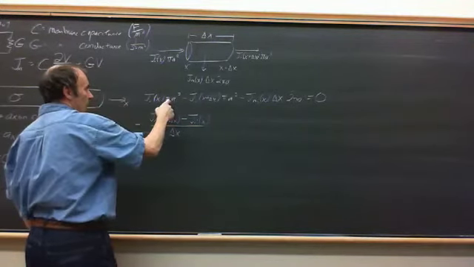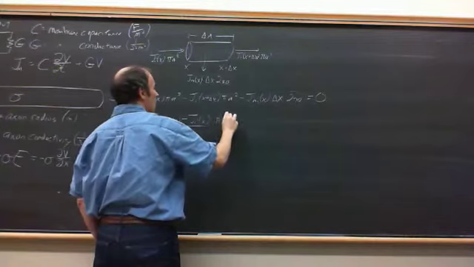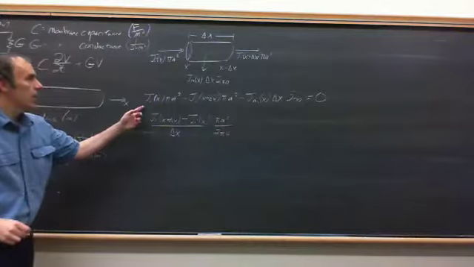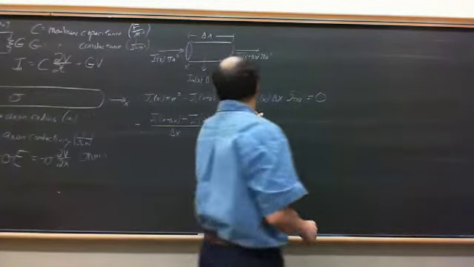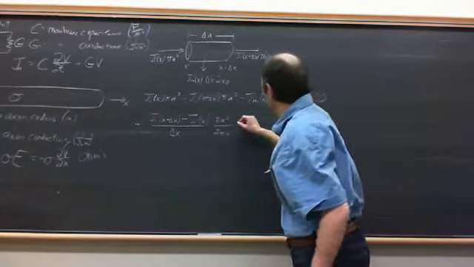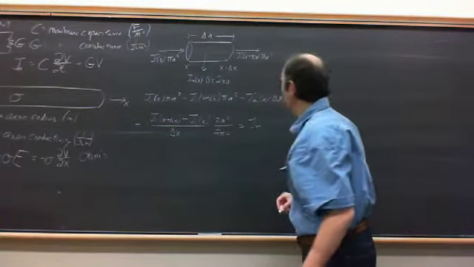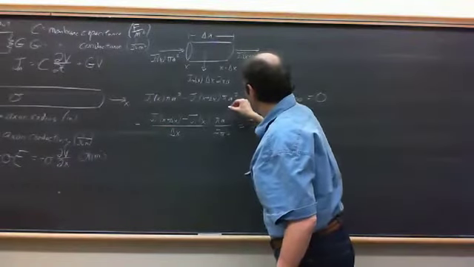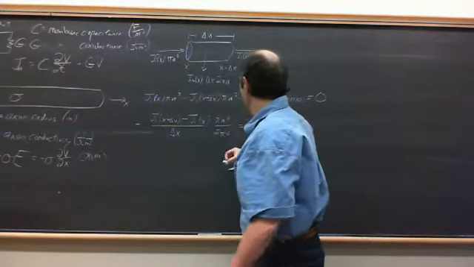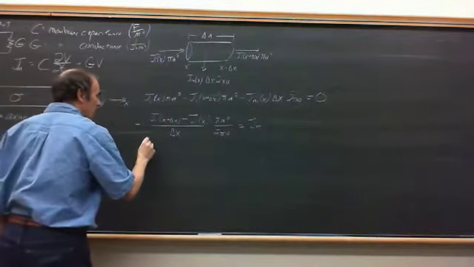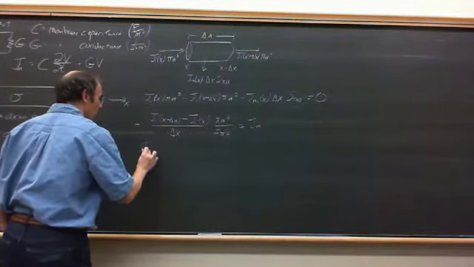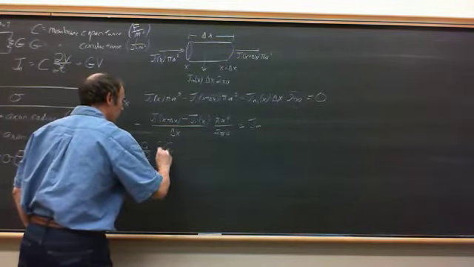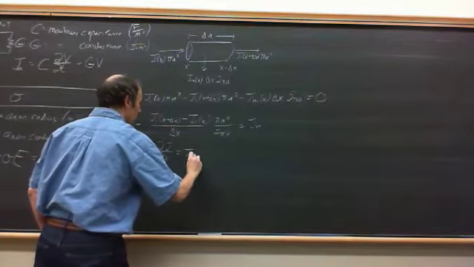So what else do you have? Well, these two had a pi a squared, and we divided by 2 pi a. So that term takes care of these terms. All that's left over here is a Jm, which will move to the other side and make it positive. And what do we get? The pi's cancel, one of the a's cancel, and you're going to get a over 2 times minus dJi/dx equals Jm.